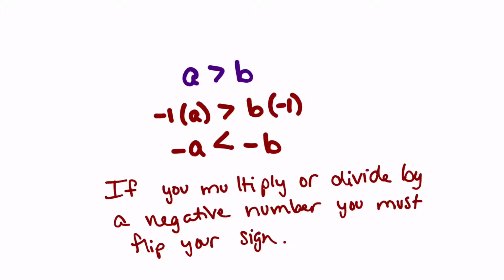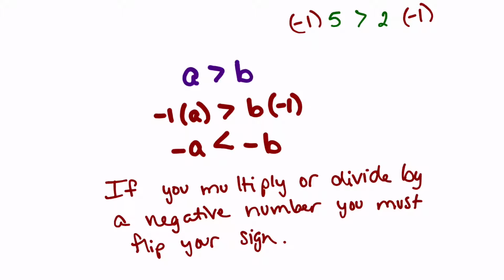Here's why. Okay, so let's say that I have 5 and 2. We all know that 5 is greater than 2. Everybody can agree on that. So let's say that I multiply both sides by -1. And it could be -2, it doesn't matter. It could be any negative number.